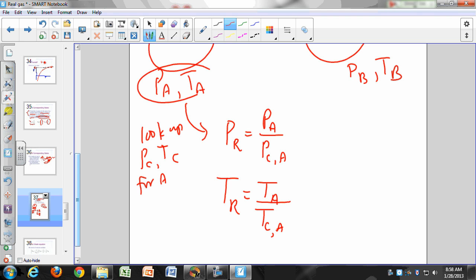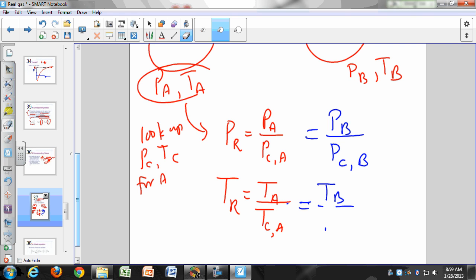If they're in corresponding states, then they must have the same T_R and P_R. So this must be equal to the corresponding pressure for gas B divided by the critical pressure for gas B. You'd have to look up the critical pressure for gas B. And this must be equal to the temperature of gas B divided by the critical temperature of gas B.